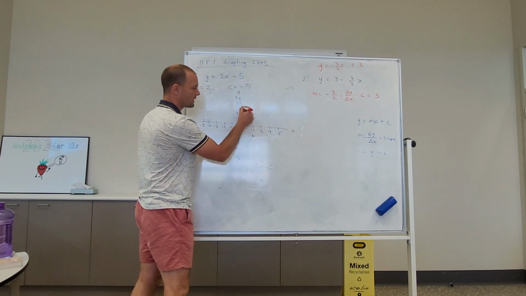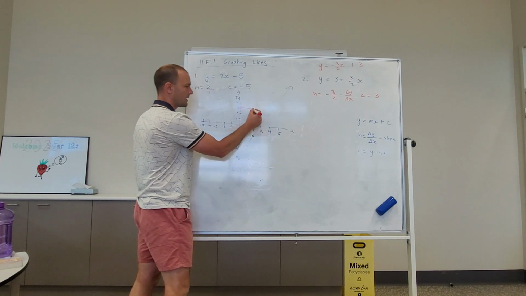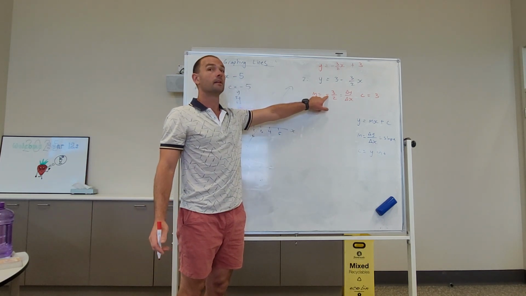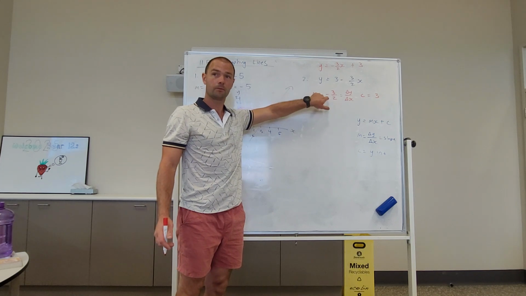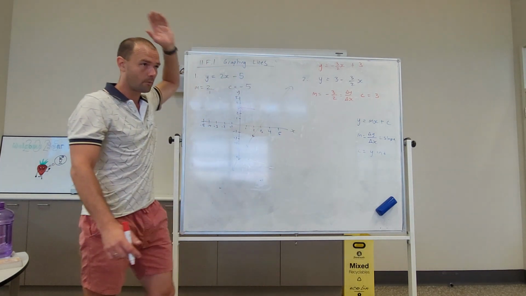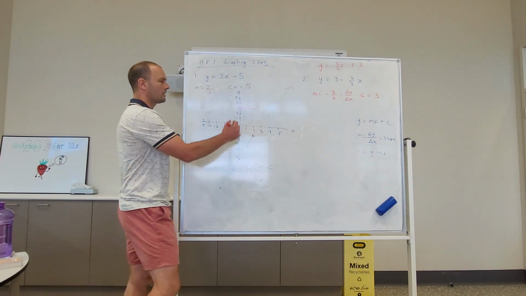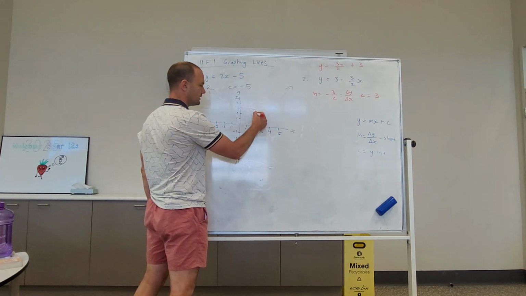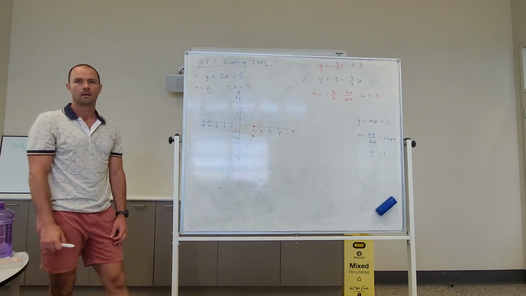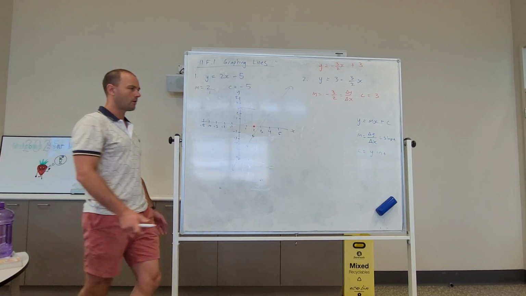X changes by 2, so we're going across 2 spaces. But y changes by negative 3, because there's a negative out the front of this fraction. That means y is going down, okay? So we've gone across 2, down 3. Here's our next coordinate. And then it just keeps repeating that.